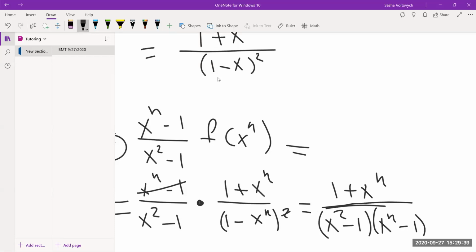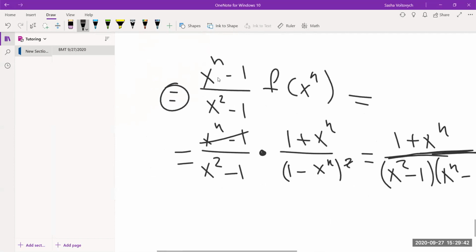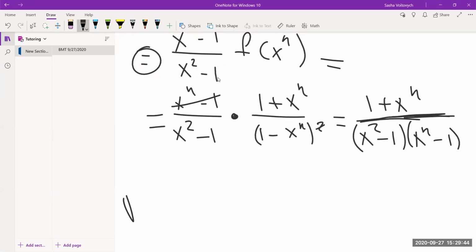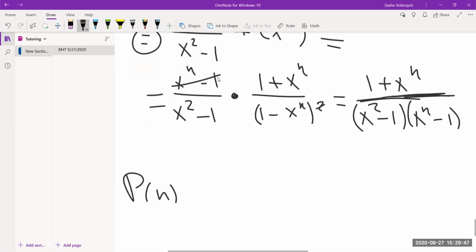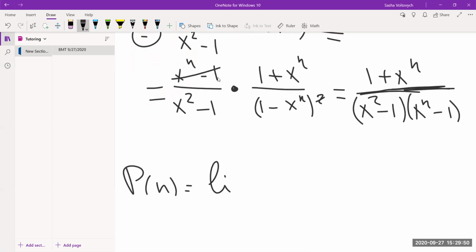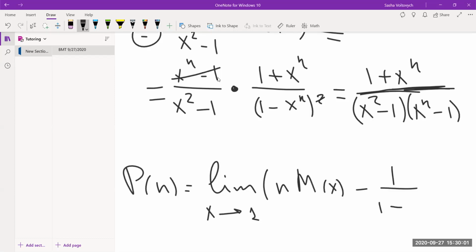Okay, so now we have to find the value of P_n. So P_n, we're told, is just the limit when x approaches 1 of n times m(x) minus 1 over 1 minus x squared. So now that we figured out the value of m(x), this becomes just a regular limit that we have to evaluate.